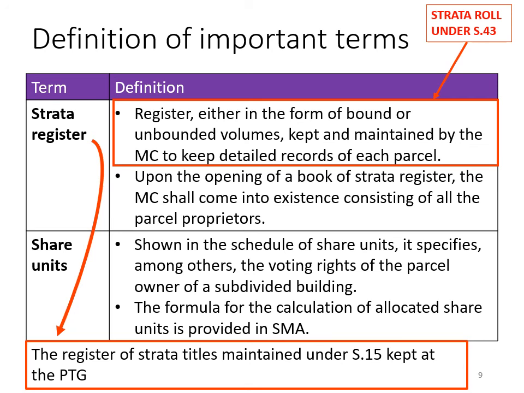But my rights is only 108. There are other usages of share units which we will learn later on. Now, the formula for the calculation of allocated share units will be provided under SMA. So we are not going to discuss how to calculate the share units under STA.